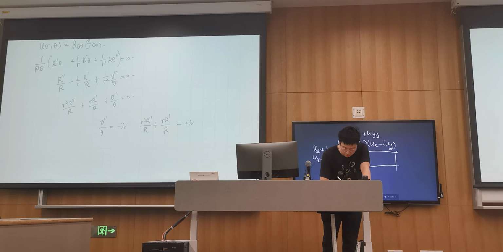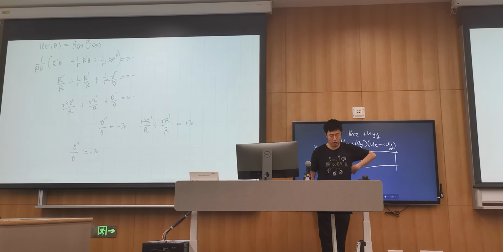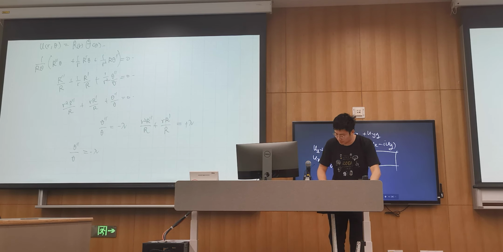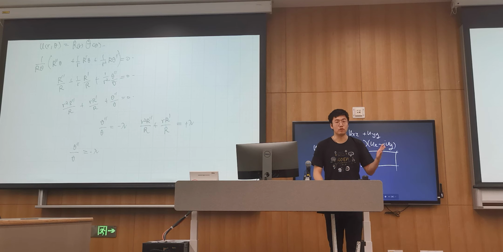So that means, and what's more? For theta prime prime over theta, which equals a negative number, according to our knowledge of the Fourier series for periodic space, the number can only equal n squared.